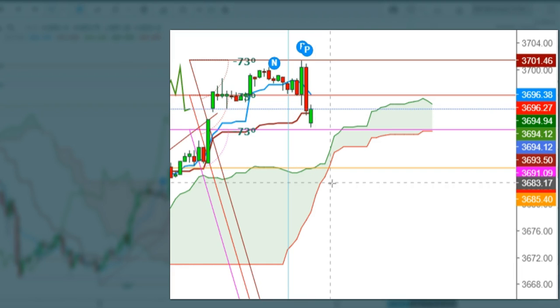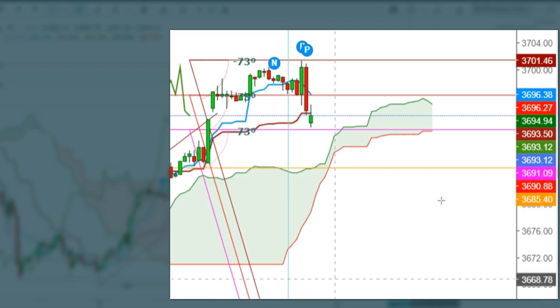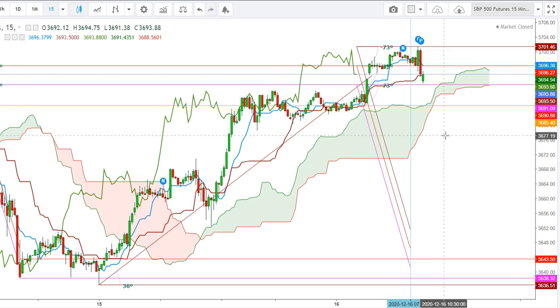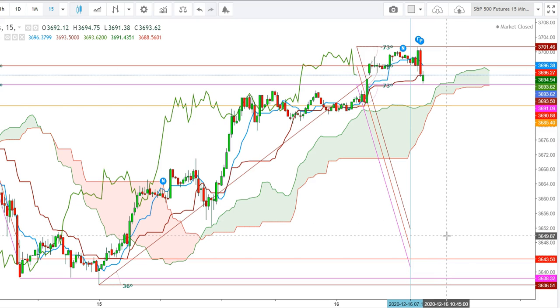A sustained move below the levels of 3683 could keep this fall continuing up to the end of the day. If the S&P 500 futures are not able to defend the levels of 3678, we could see the S&P 500 futures test the levels of 3648 before today's closing.